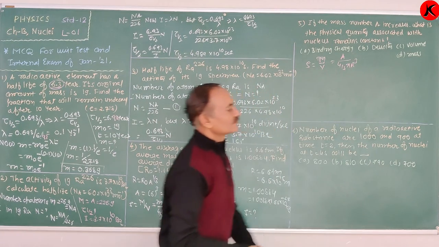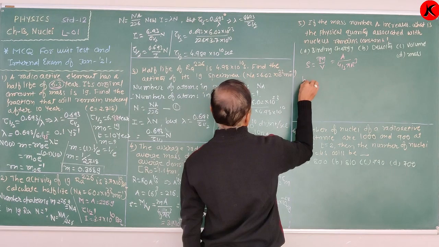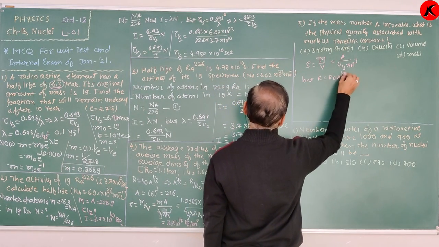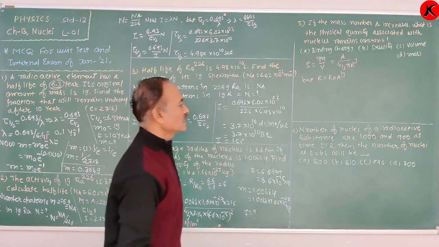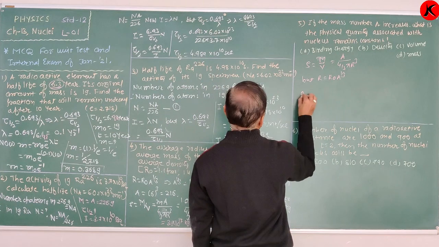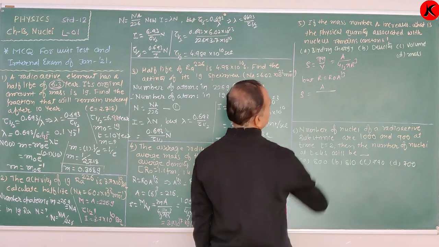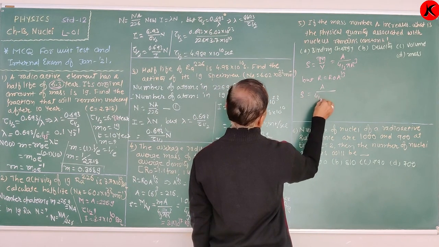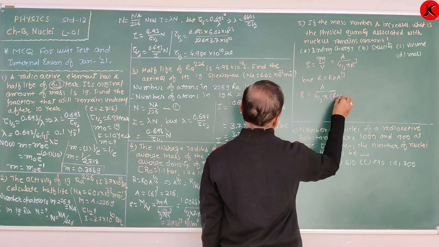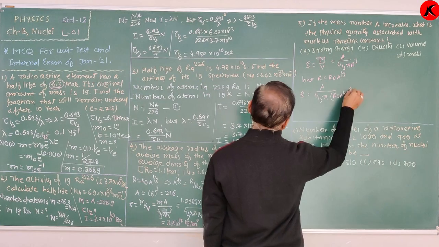But R is equal to R0 A to the power 1/3. Substituting here, density rho is equal to A upon 4 by 3 pi, instead of R, R0 A to the power 1/3, whole cube.